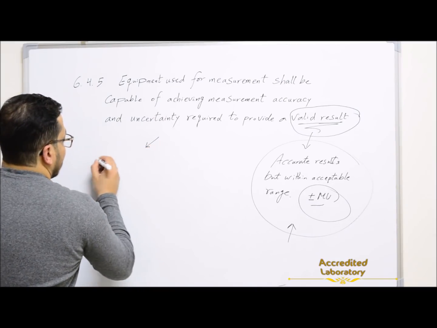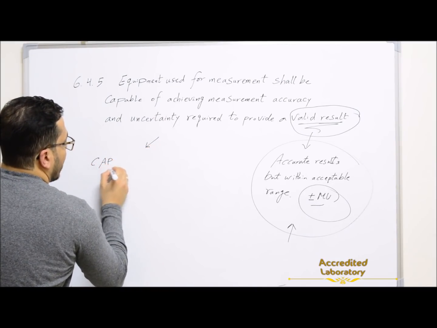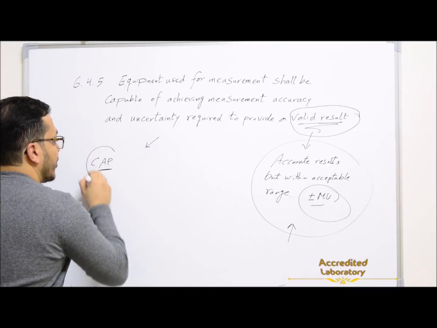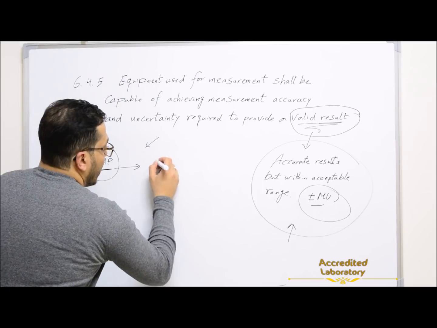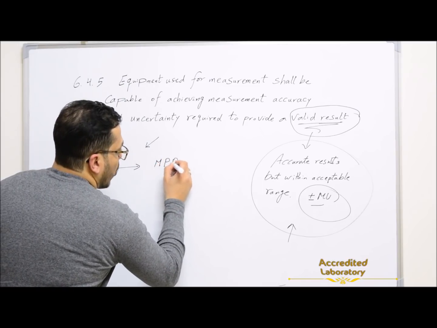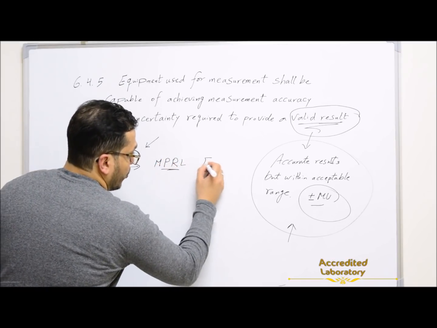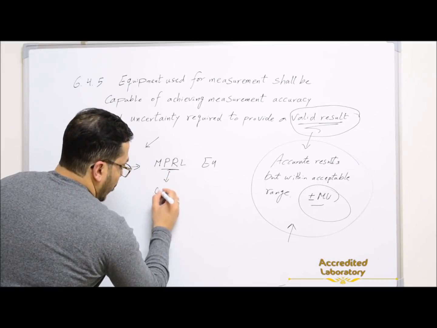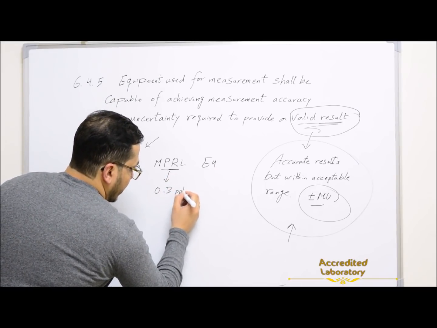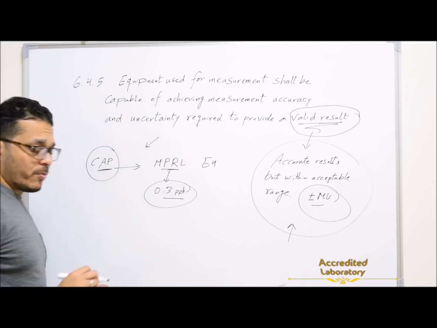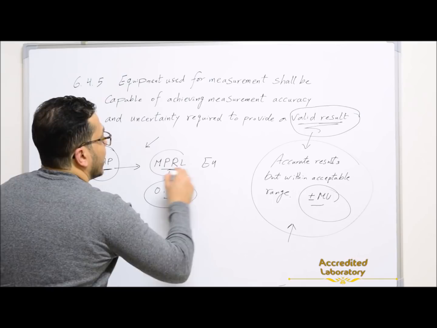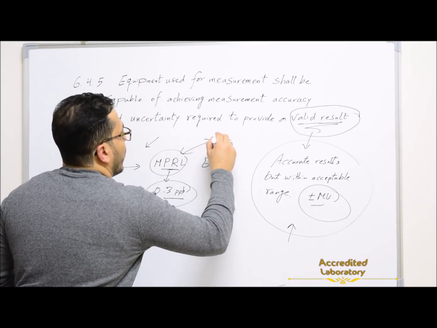Example for this: if you want to analyze compounds such as chloramphenicol, a veterinary drug, in food of animal origin, it has a minimum required performance level determined by European guidelines, which is 0.3 ppb. This minimum required performance level is like the maximum residual limit for other compounds.